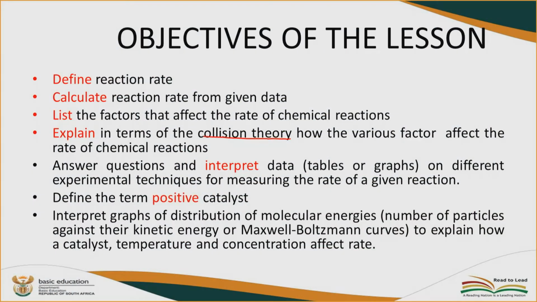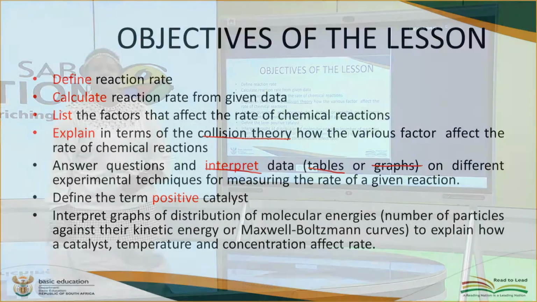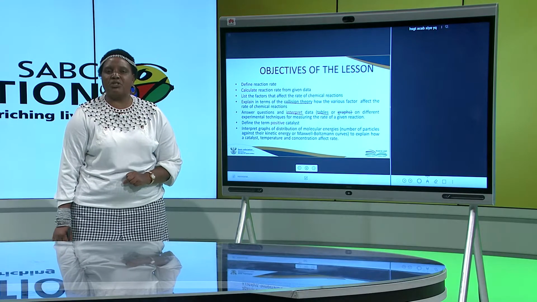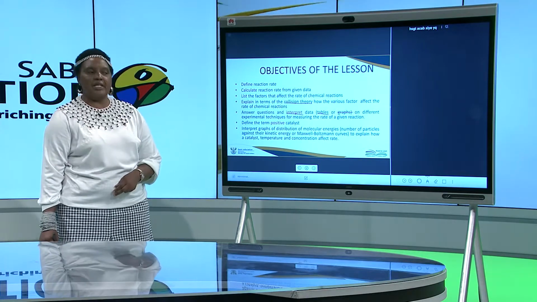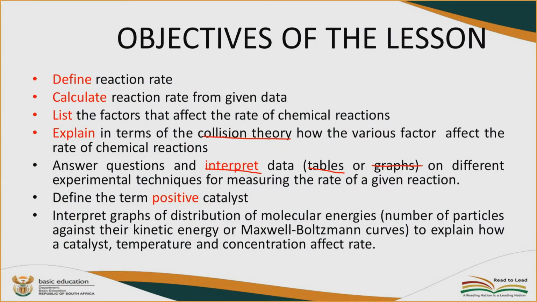You are supposed to answer the question and interpret the data. The data can be in the form of tables or graphs. So in other words, you cannot say, I've done the table and I'm not going to do the graphs. The two go hand in hand. And you are going to define positive catalyst. Why positive catalyst?